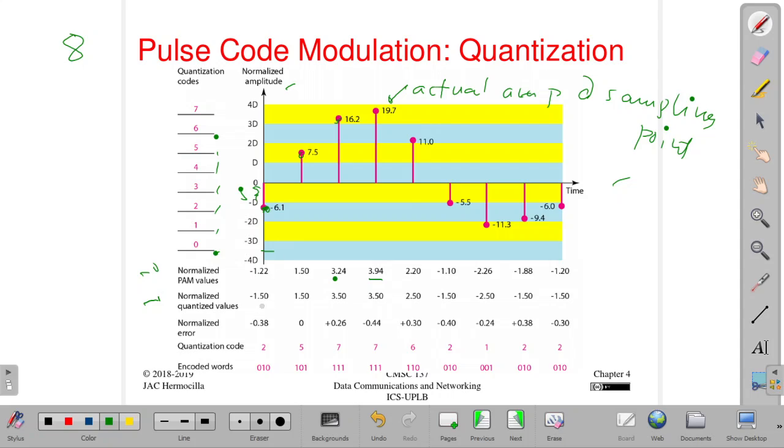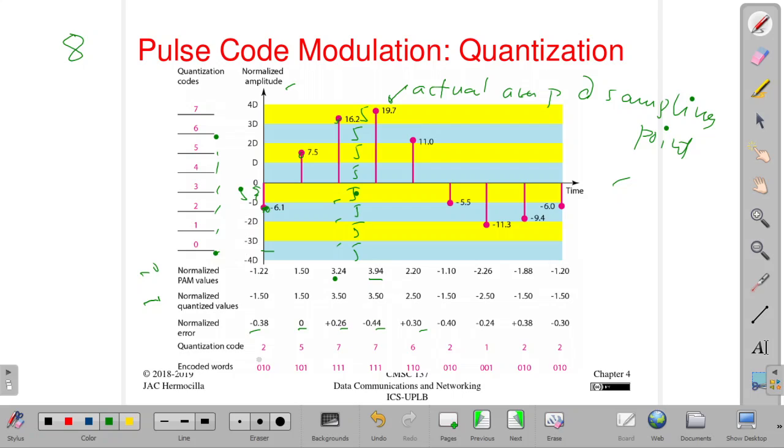So we get 1.5 here, 1.5 here, 3.4. So we subtract the centers here, or the values here, okay. So each of these is 5. The width is 5, okay. And then we get the error. So these are called the errors, okay.